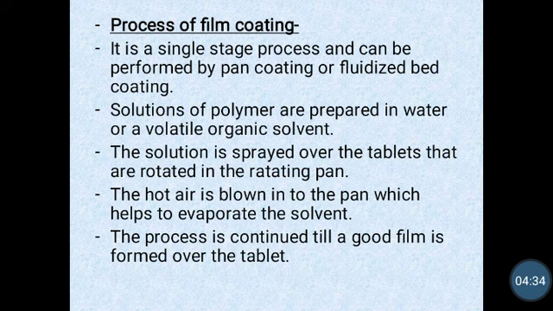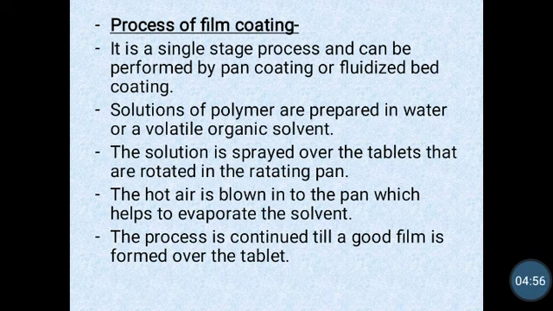Okay, so we'll see how the coating of tablets is done using pan coating. The coating pan consists of a metallic pan made of copper or stainless steel. It has an inlet for hot air introduction.